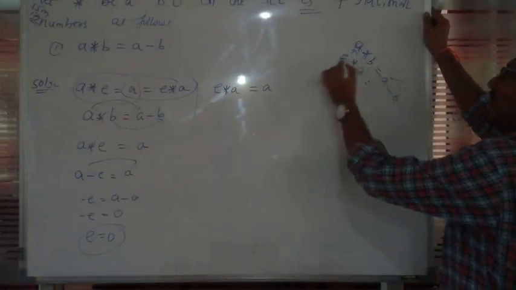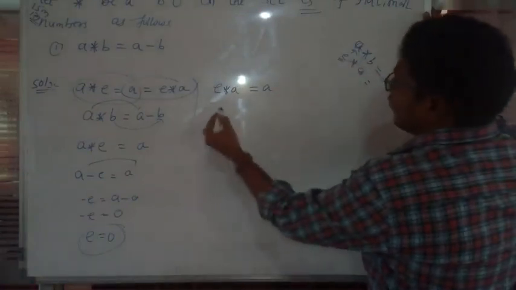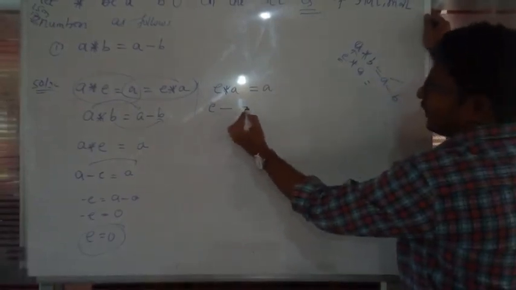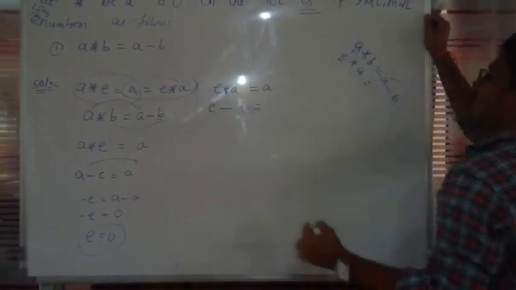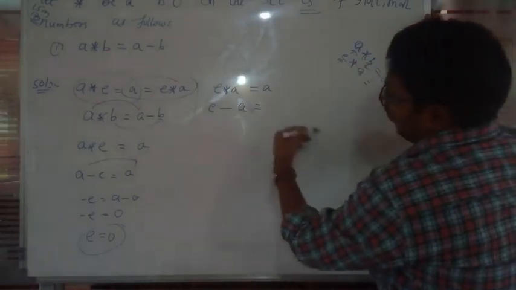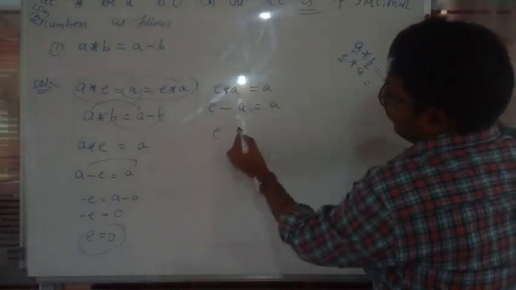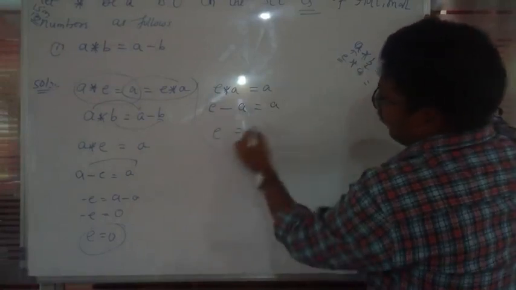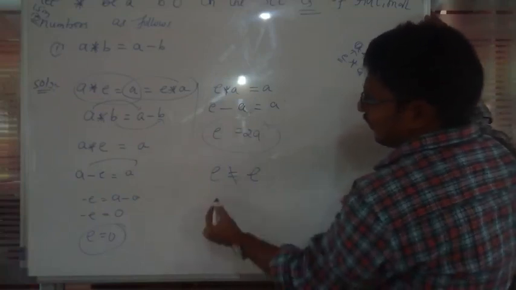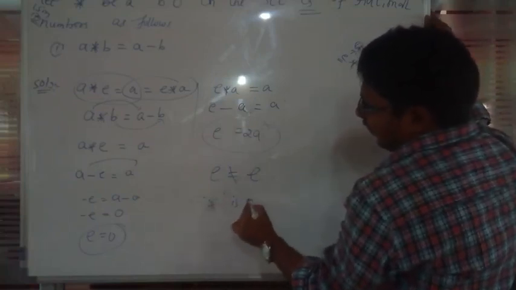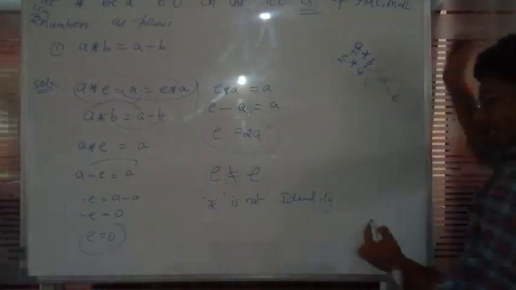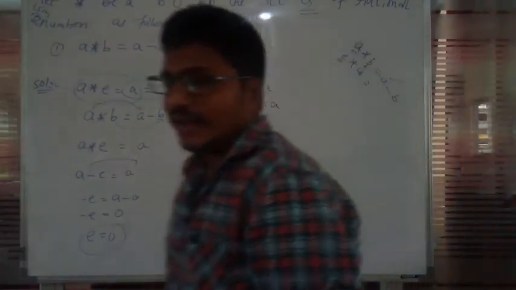In the placement of A, what is the element? E is there, that's why I should keep E, and minus, and in the placement of B, A is there. That's why we should keep A. It means E minus A, which is minus A. So is it possible that both are equal? It doesn't equal. That's why star is not an identity.